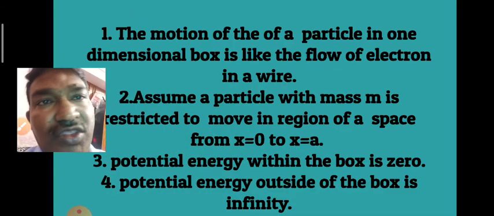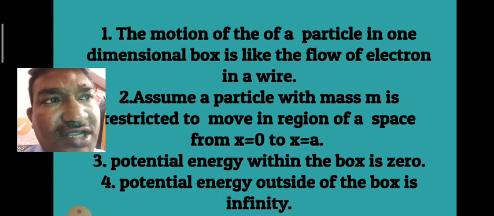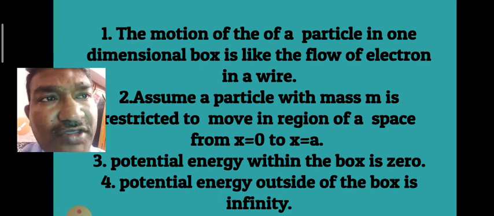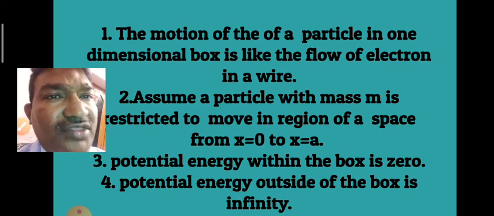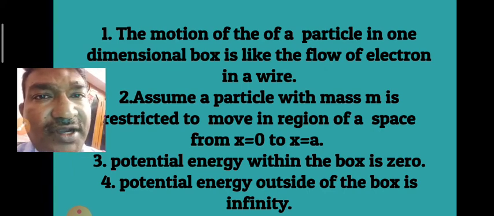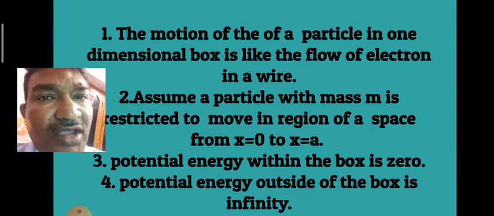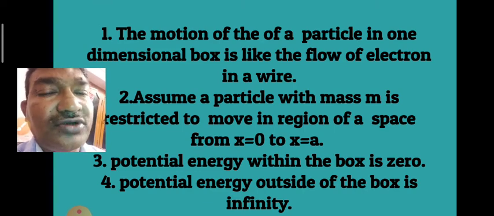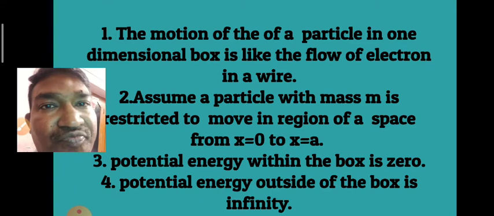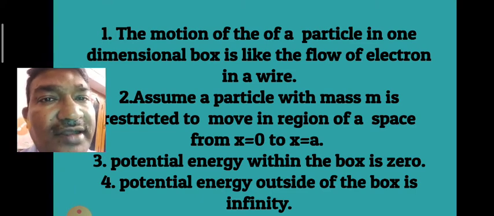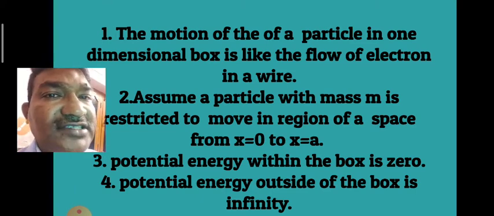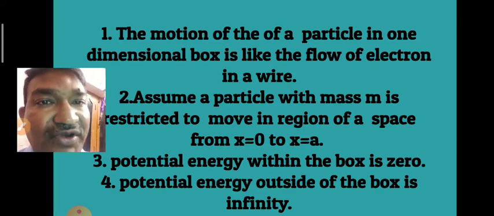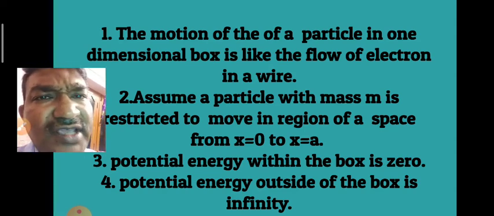Here the motion of the particle in a one-dimensional box is like the flow of electrons in a wire, and we have to assume that the mass of the particle is m, and the boundaries of the box are 0 and a. The axis along which this box is oriented is represented with x.